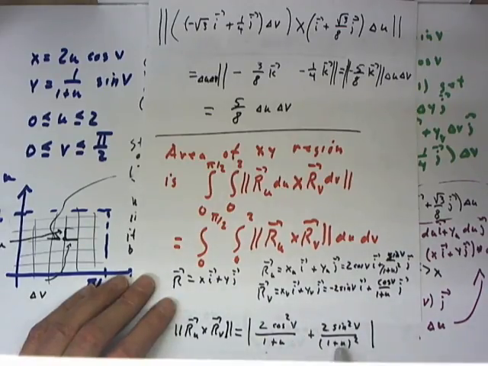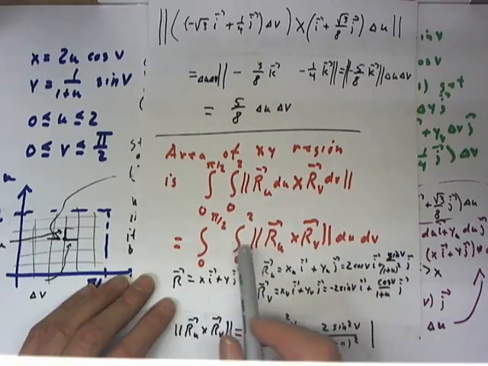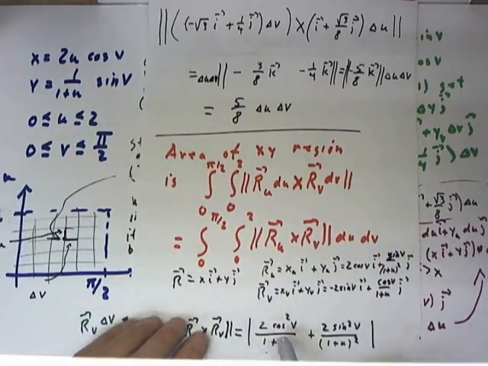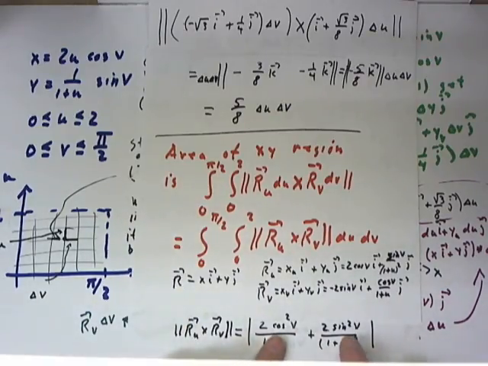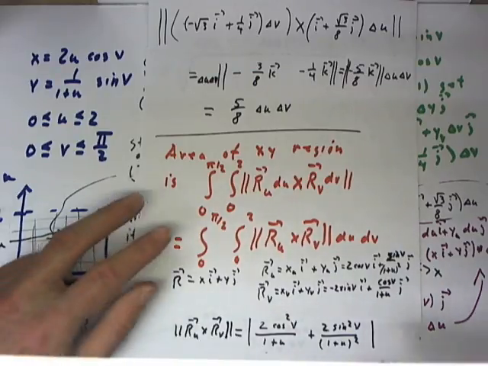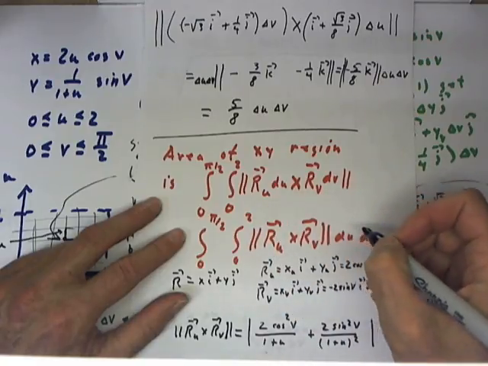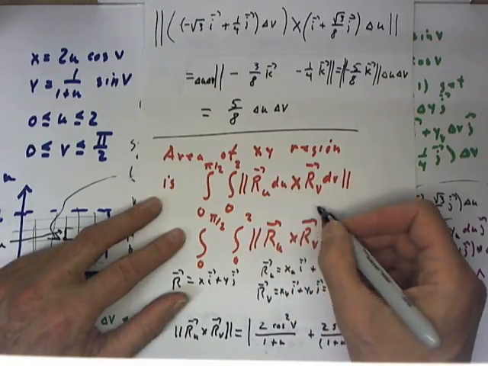We can easily then substitute in u equals 0 and 2, so we get the integral with respect to u, and we're just left with multiples of cosine squared v and sine squared v. They aren't going to be the same multiples, at least it's highly unlikely they will, so we're not going to just be able to combine these and say cosine squared plus sine squared is 1, but we can do some simplification. I'm not going to go through the details of the integration, but it turns out it's not bad at all.